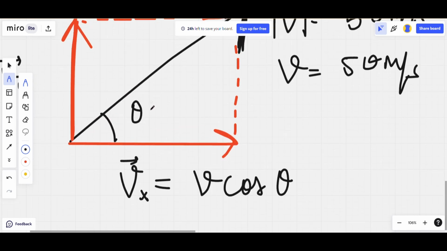For the sake of this question, let's take theta to be 45 degrees, because cos 90 is 0.